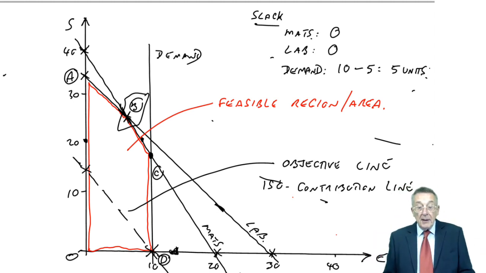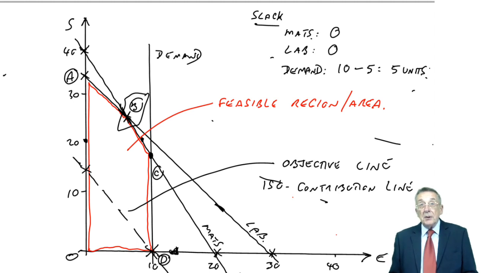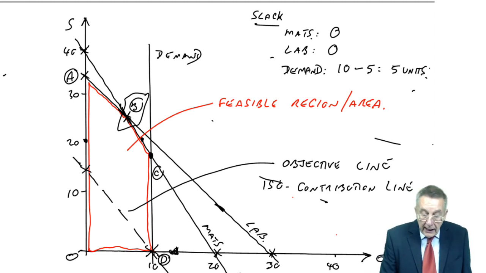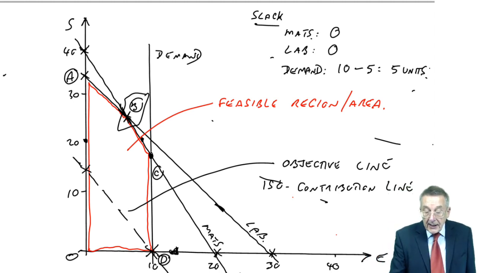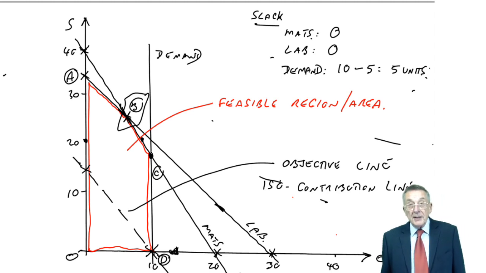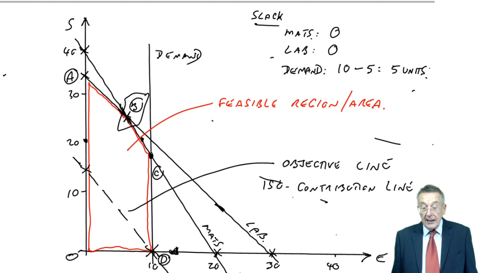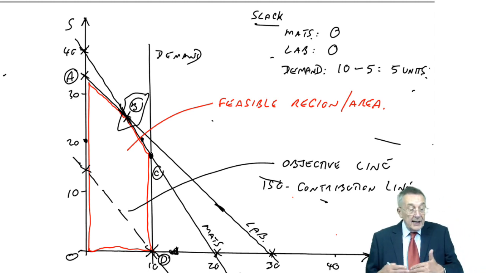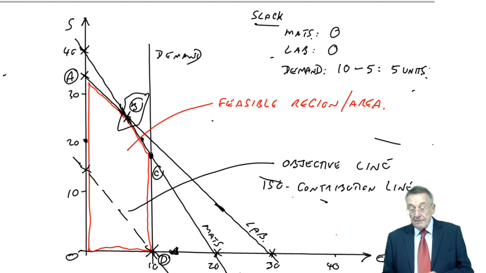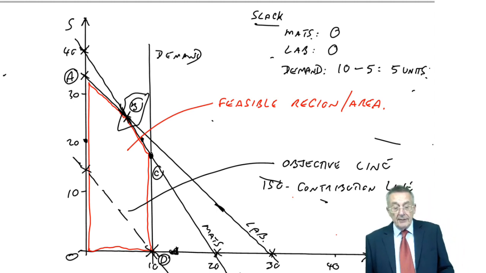We wouldn't be using all the labour. There are 180 hours available. I showed you before, but I'm not going to rewrite it, but if we worked out how many E's and how many S's we were making at point C, we could find out how many hours of labour we were actually using. The difference between that and the 180 would be the slack. So I think that's easy enough.